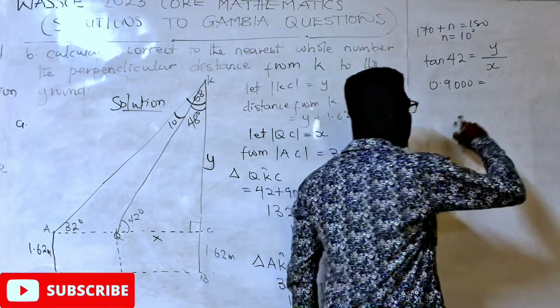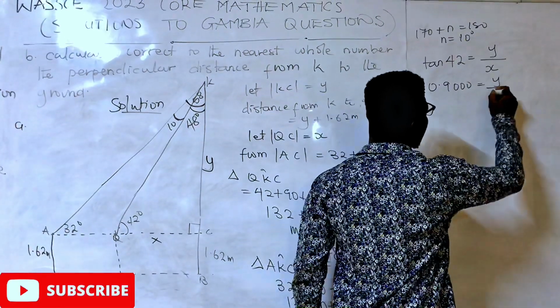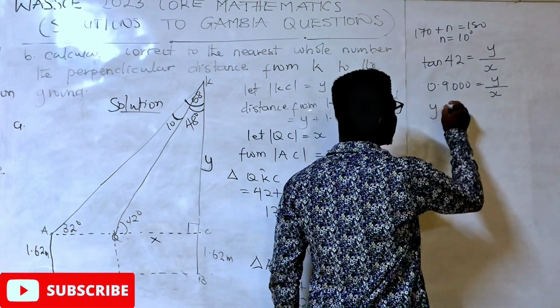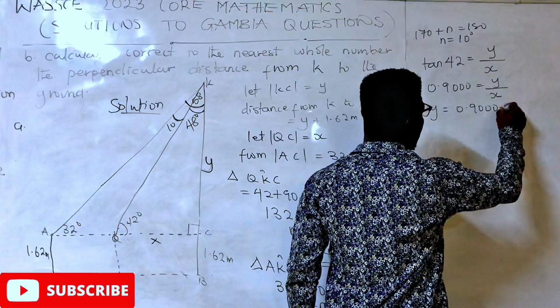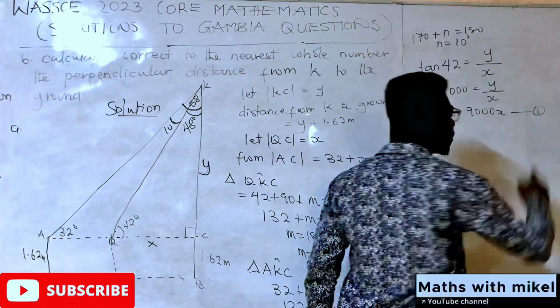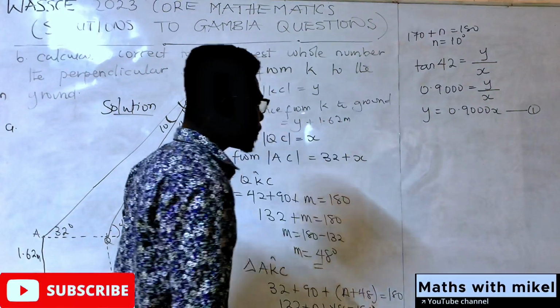So 0.900 is y over x, so you get y to be equal to 0.9000x. And we can say this is equation 1.